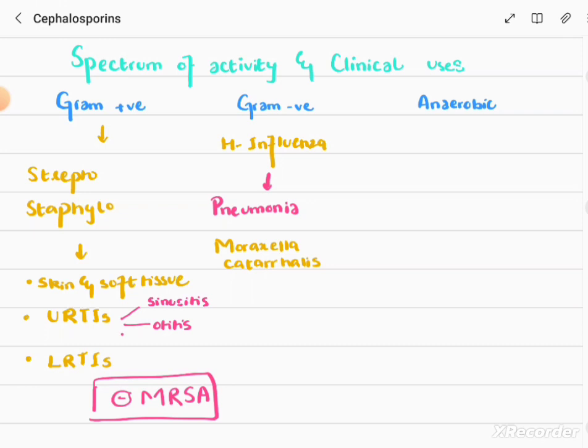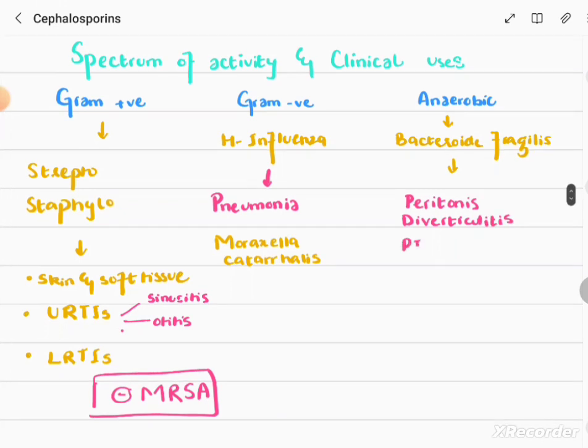Now, we discussed three cephalosporins which were called cephamycins. They have very good activity against anaerobes, which includes the bacteria Bacteroides fragilis. Now, this is an anaerobic bacteria, and it is notorious for causing intra-abdominal infections, and it causes peritonitis. It causes diverticulitis, and it also causes pelvic inflammatory disease.